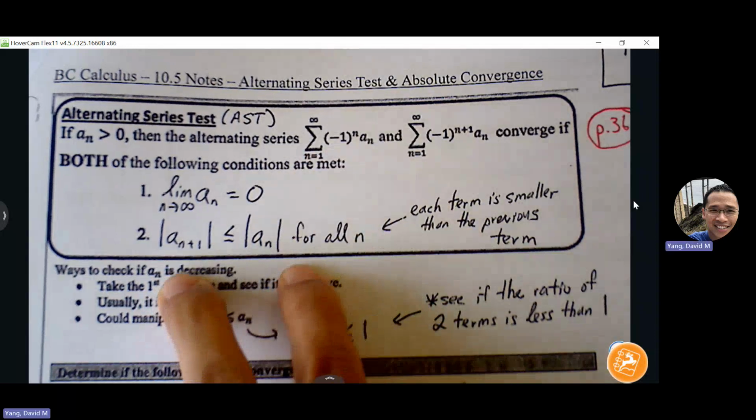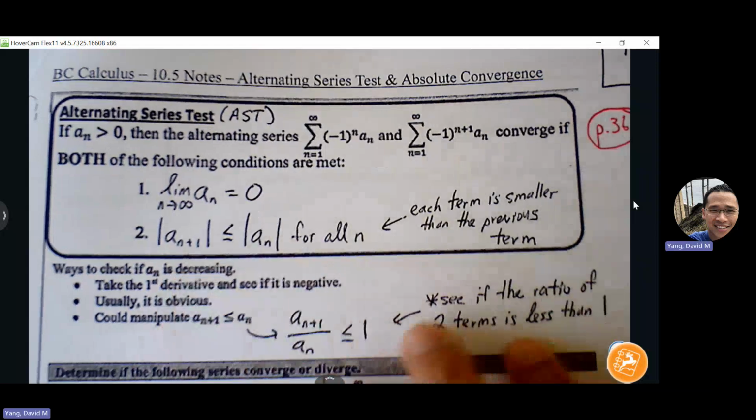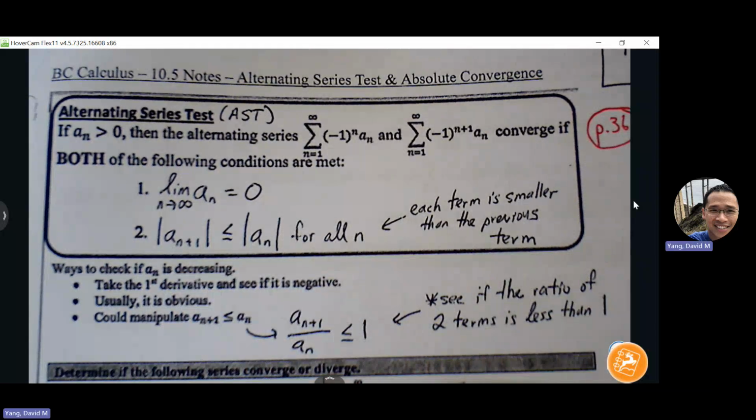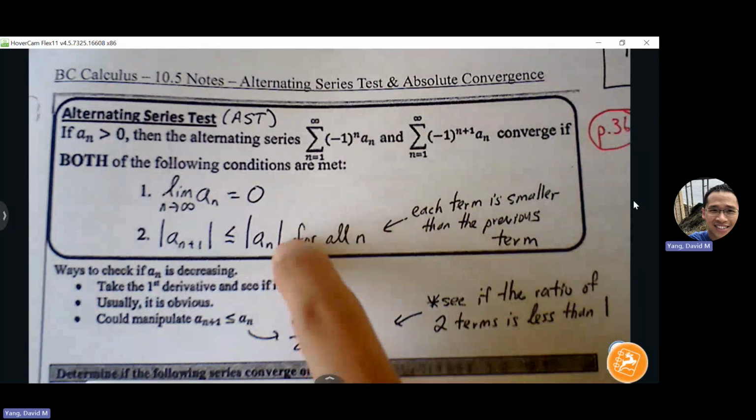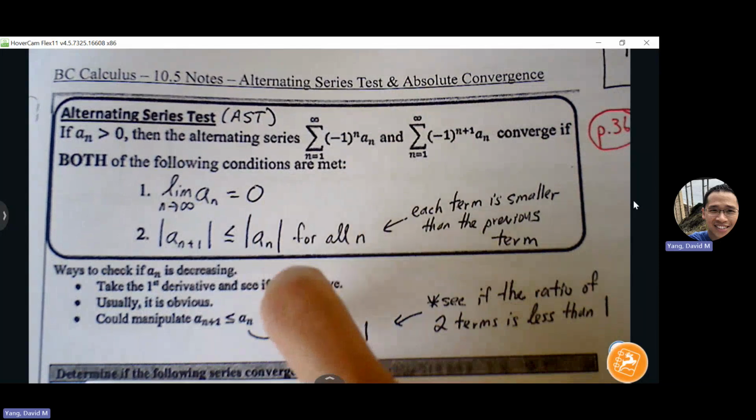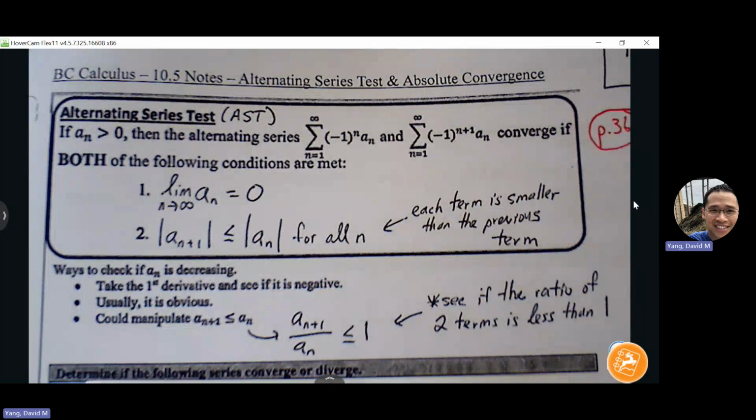And then the second condition is really something that we just have to be able to state. Finding an example where the first one passes but not the second is hard to do. I have a hard time finding a situation where it passes the first one but not the second.